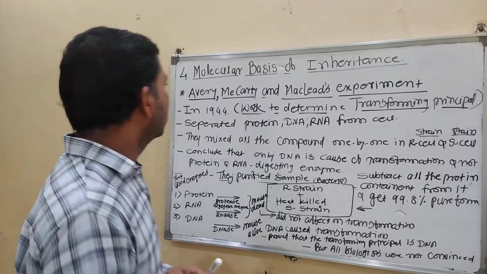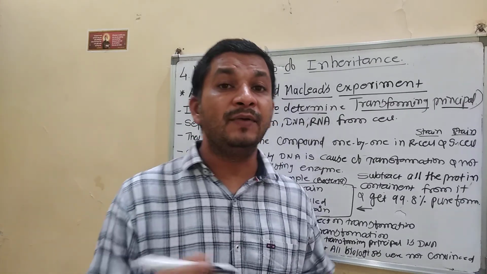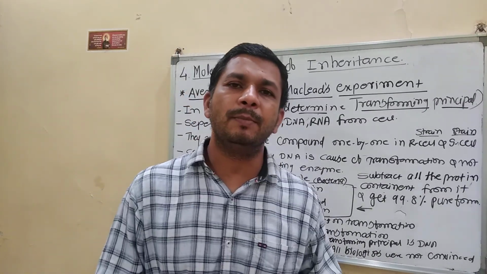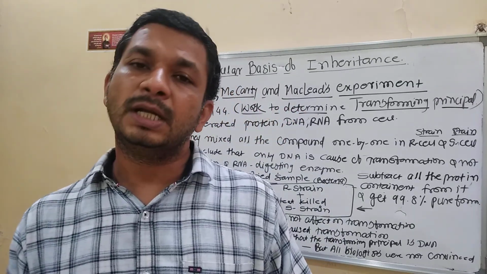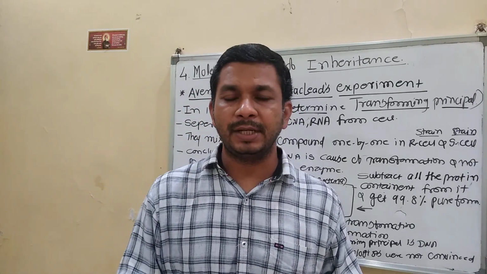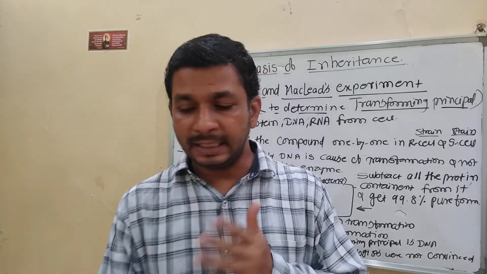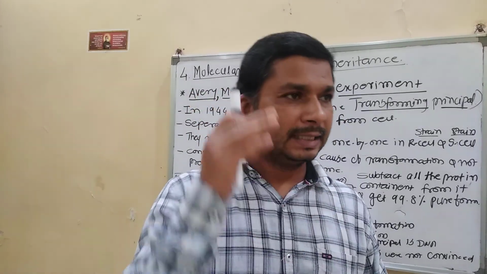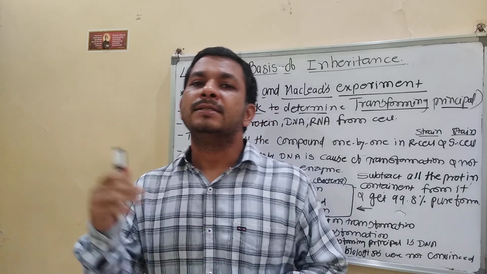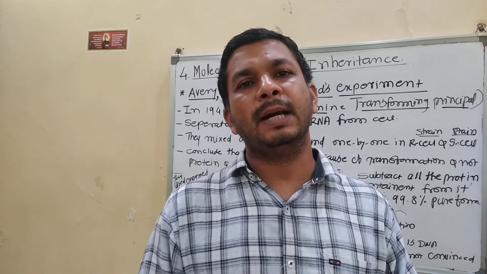Then here, in the previous lecture we studied the Griffith experiment. In the Griffith experiment we studied the R strain, the S strain bacteria, then the heat killed smooth strain bacteria, and heat killed smooth strain bacteria plus R-type bacteria.